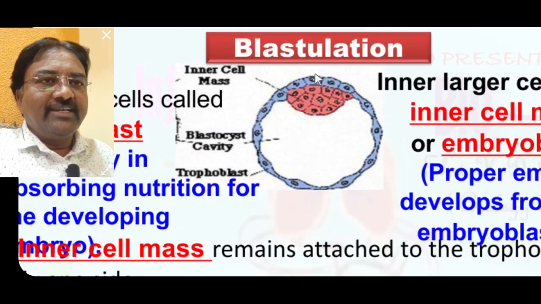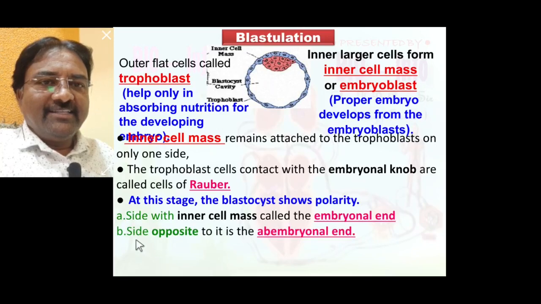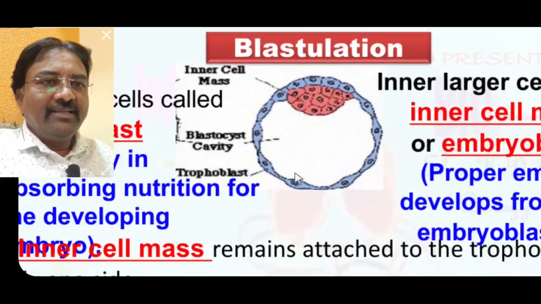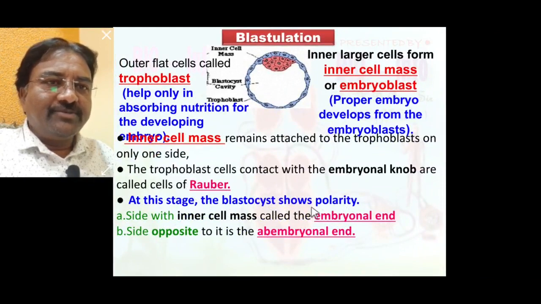So this side is called the embryonal side of the blastocyst, and the side opposite to it is called the abembryonal end. So this one is the abembryonal end and this is the embryonal end. Here we see polarity in the blastocyst.